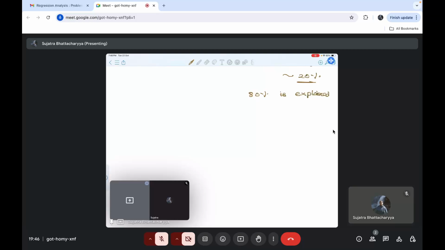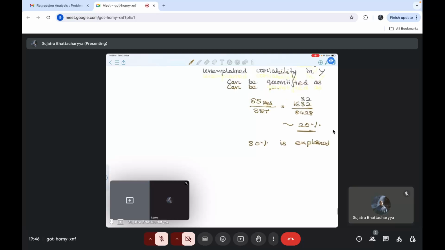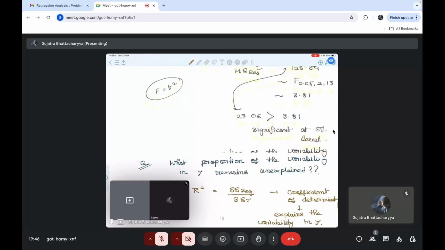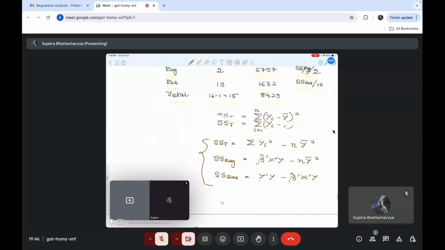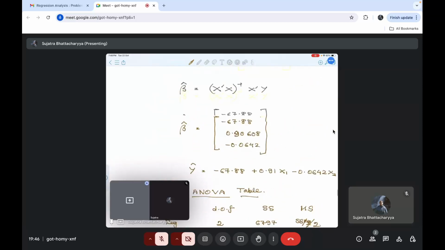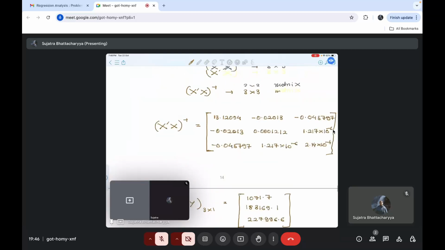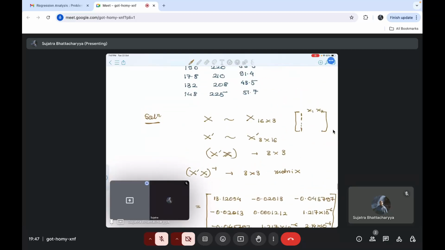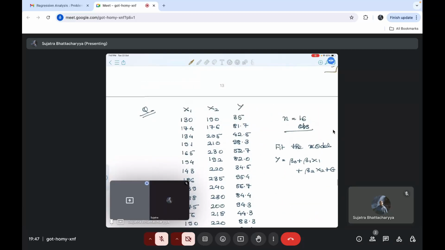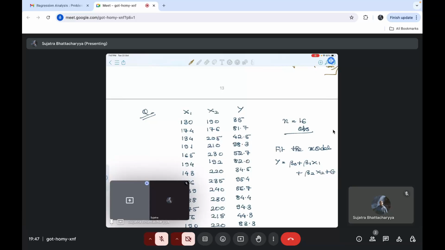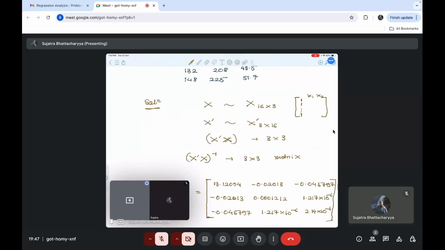So I think this is enough to stop today's session. Okay, some important and basic questions we have solved. We know how to solve them. And there are different concepts of multicollinearity where you can see that this X prime X inverse will not exist, meaning the columns of X are linearly dependent.